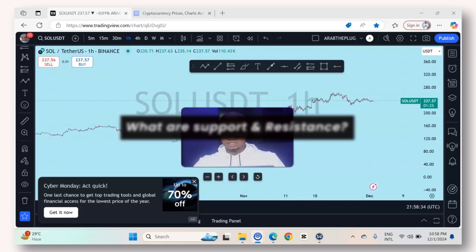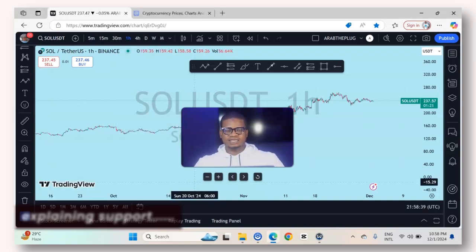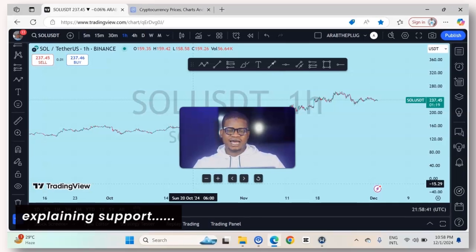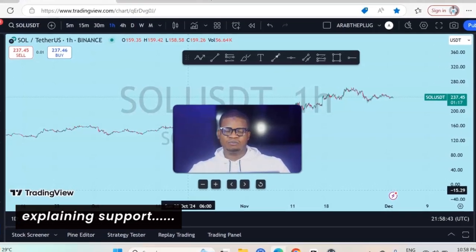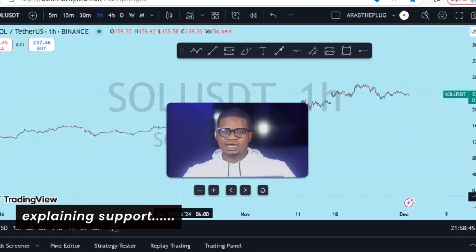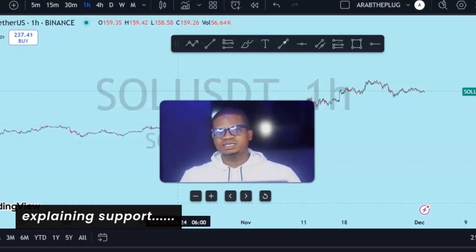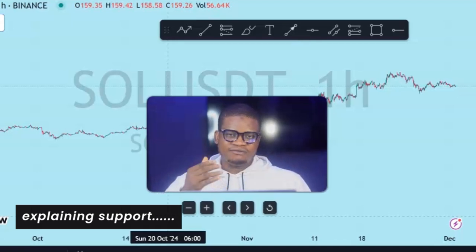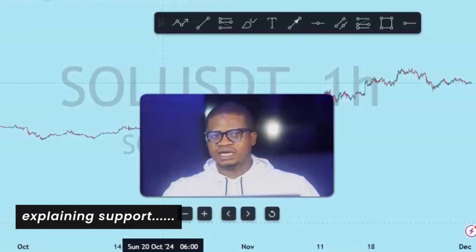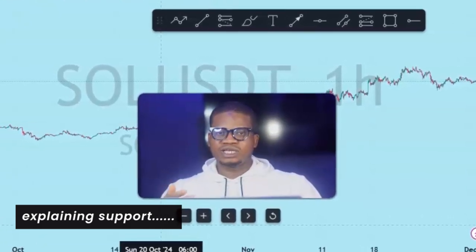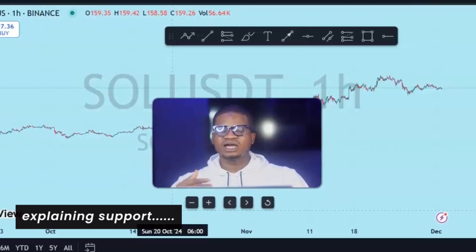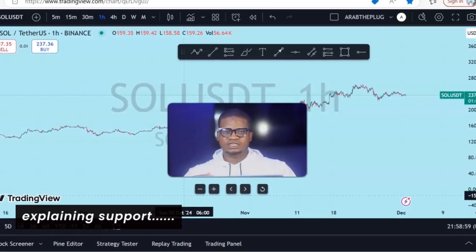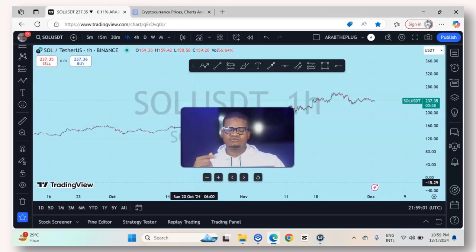So what are support and resistance? The support simply means an area in which buyers are likely to come into the market and push the price higher. It means that buyers have previously, in the past, at that particular area or range, come into the market and put the price higher. So it gives a room for a potential change in price of the market to move towards the upside.